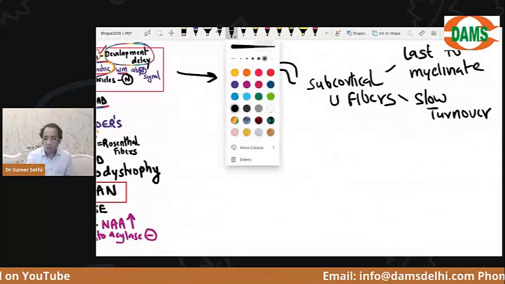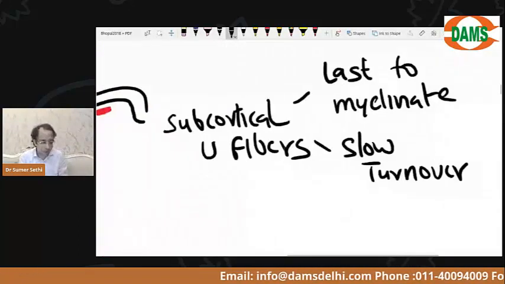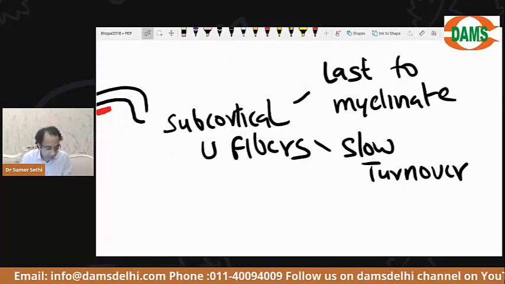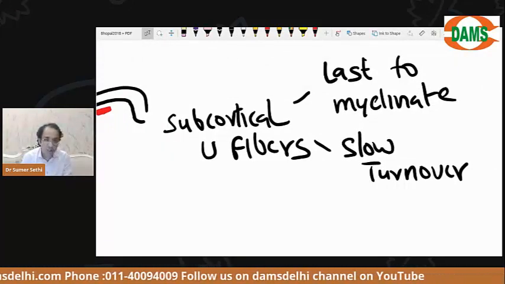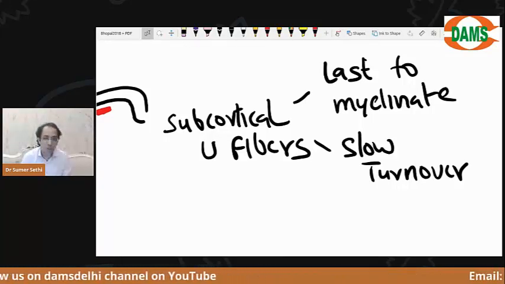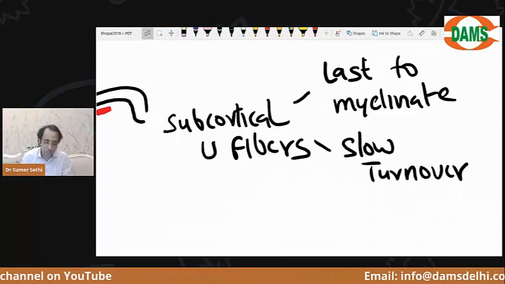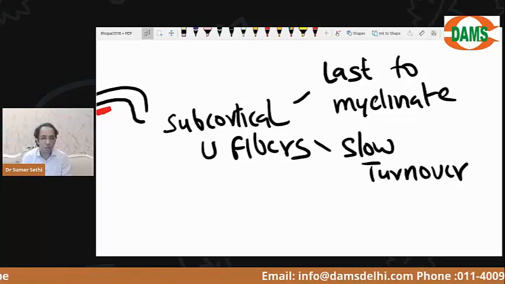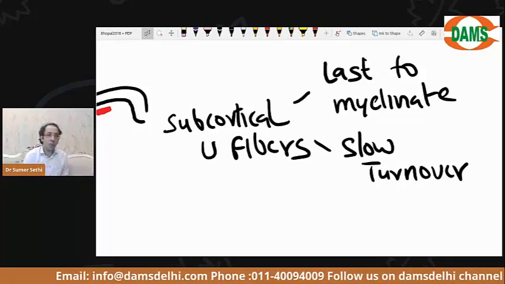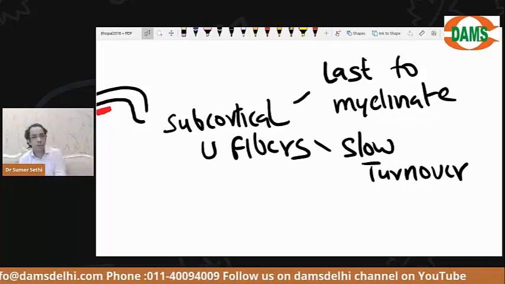Okay, subcortical U fibers are last to myelinate. Shreyansh, okay. Now what I want to tell the children is, please don't ask me where to write, I've already told you, beta: whenever I am writing, you need to write in the notebook. If I'm teaching an image, then you come to the image book. If I'm teaching theory, go back to the notebook.